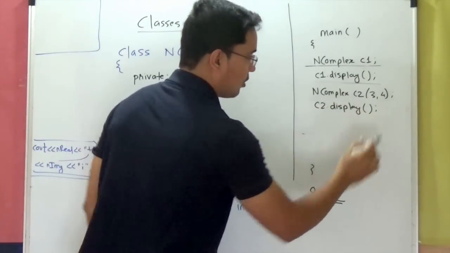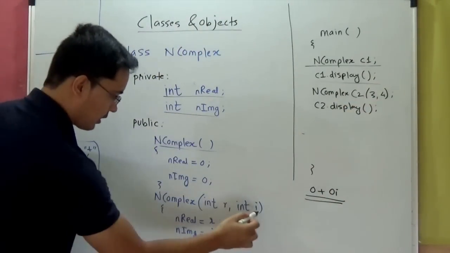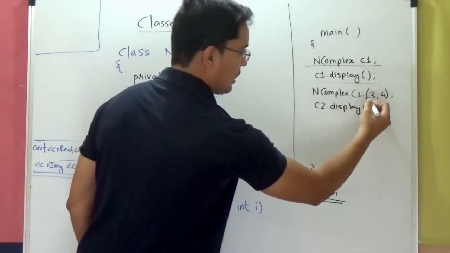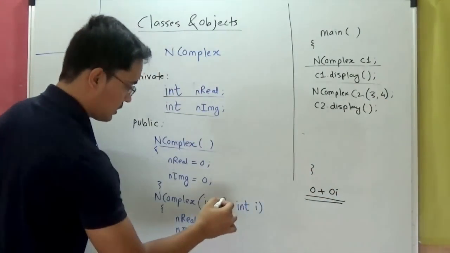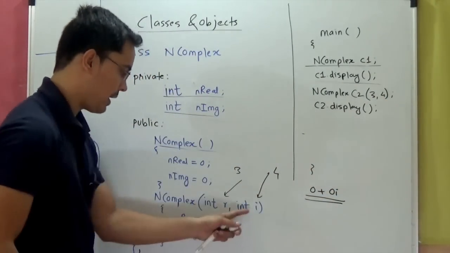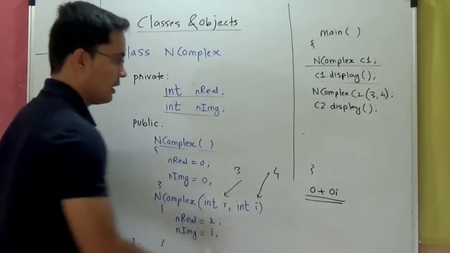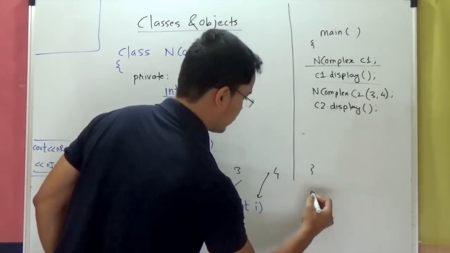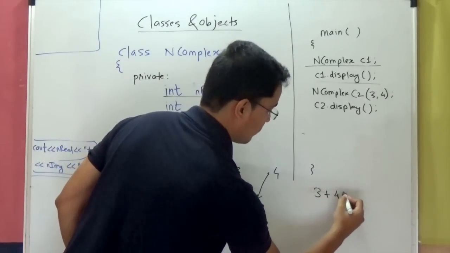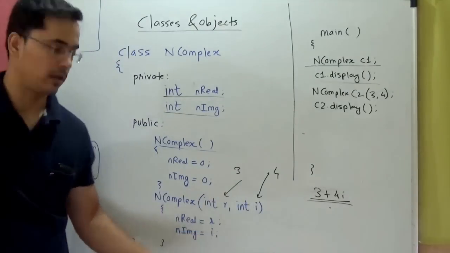Once you create an object like this, this constructor will be invoked and 3 and 4 will be passed, 3 to r and 4 to i, and your data members will get initialized with those values. So when you call display, it will display 3 plus 4i, correct? This is called a parameterized constructor.